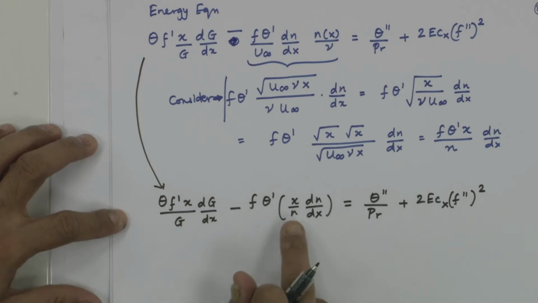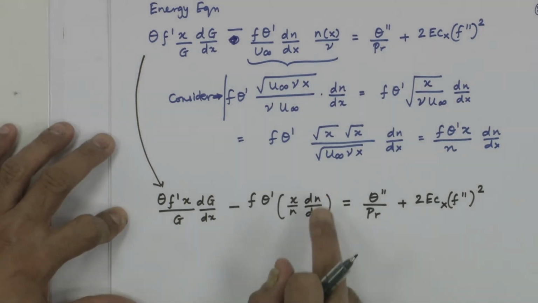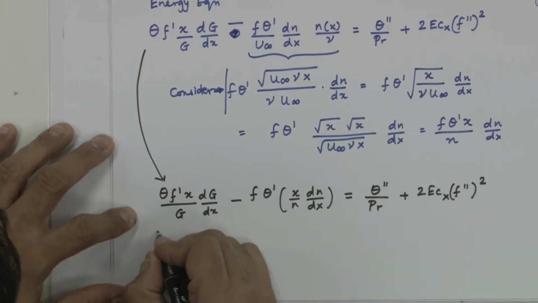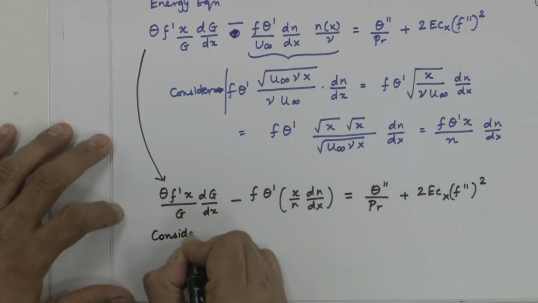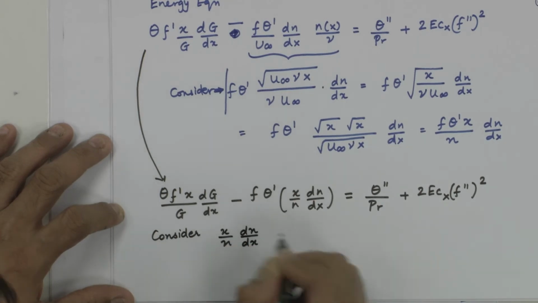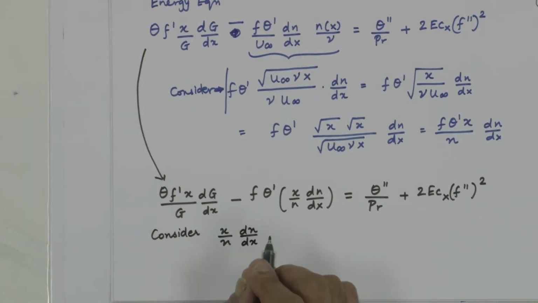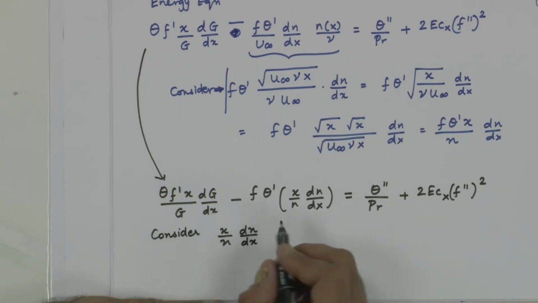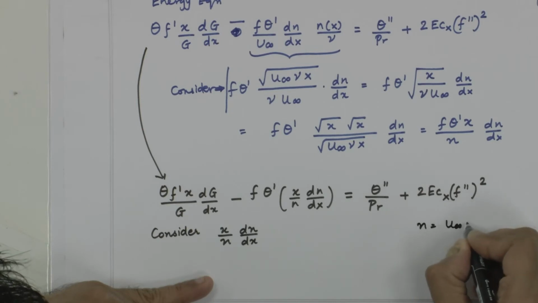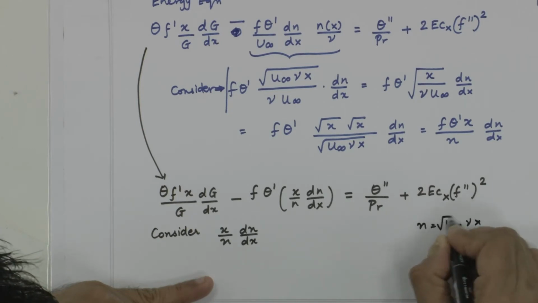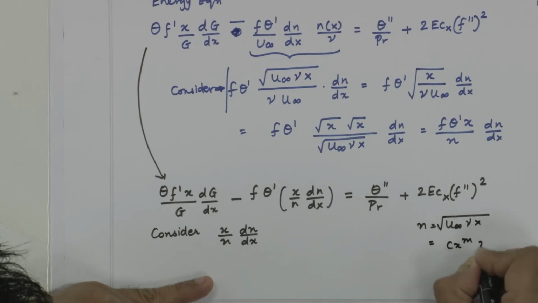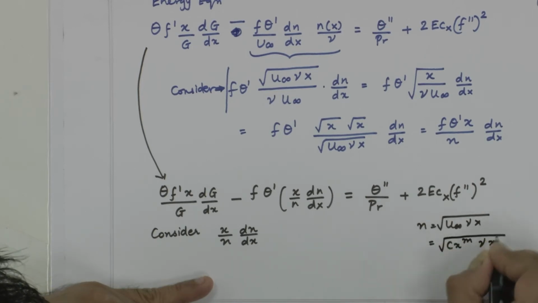So I have here x by n dn by dx, f x by n dn by dx. So consider x by n dn by dx. There's a lot of manipulations unfortunately, but we have to do this. So n is u infinity nu x under root. This is nothing but cx to the power m nu x under root.